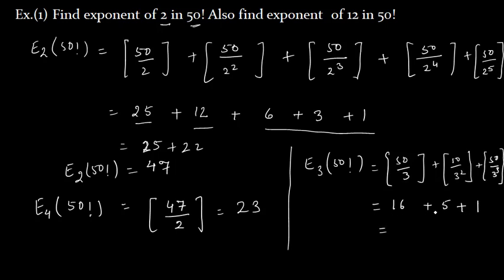So simply add all of this. 16 plus 5 plus 1 is 22. So the exponent of 3 present in 50 factorial is 22.